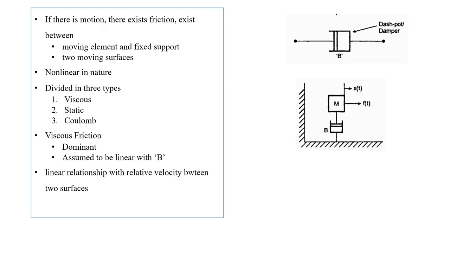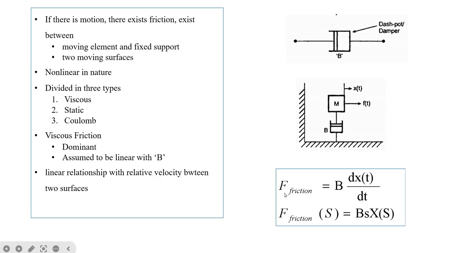Now the equation for this can be written as F friction is equal to B, where capital B is the frictional constant, into dx of t by dt.